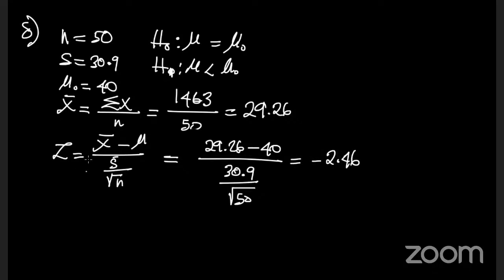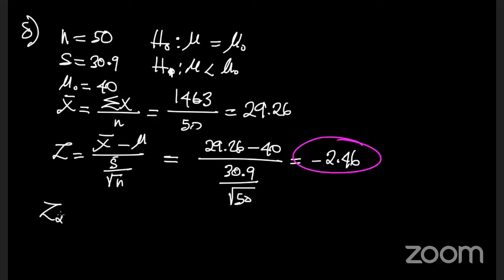So what's the critical value? You see the level of significance is 0.01, right? We're going to compare this value to the critical value and see which is higher and which is less, whether to accept or reject.